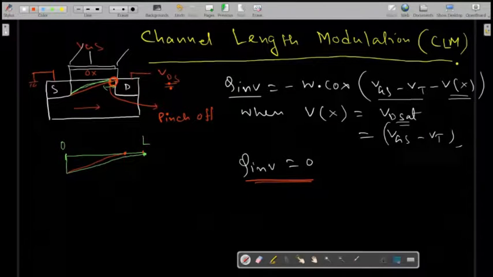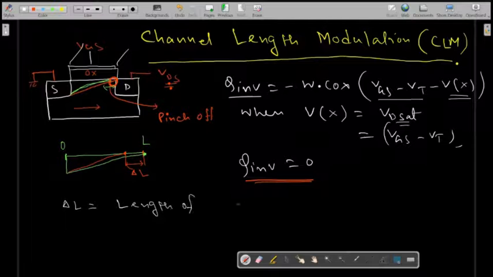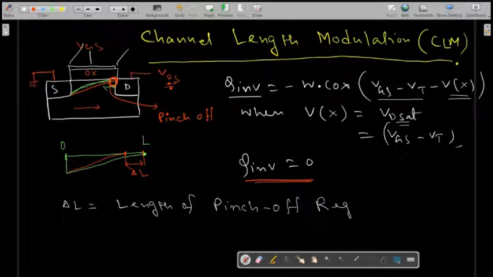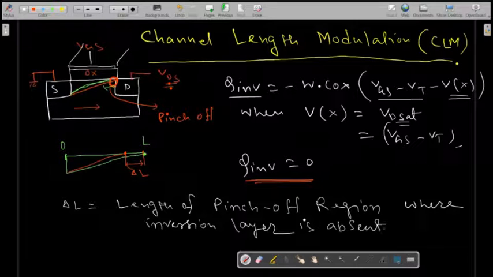So this length is delta L. Delta L is the length of the pinch off region where the inversion layer or inversion charge is absent.